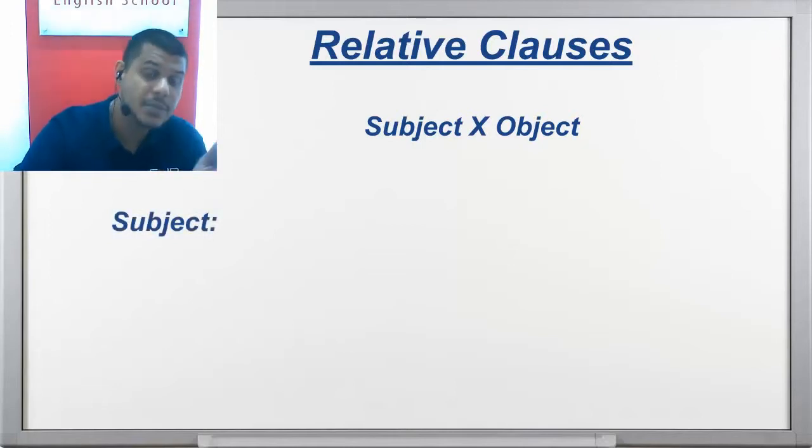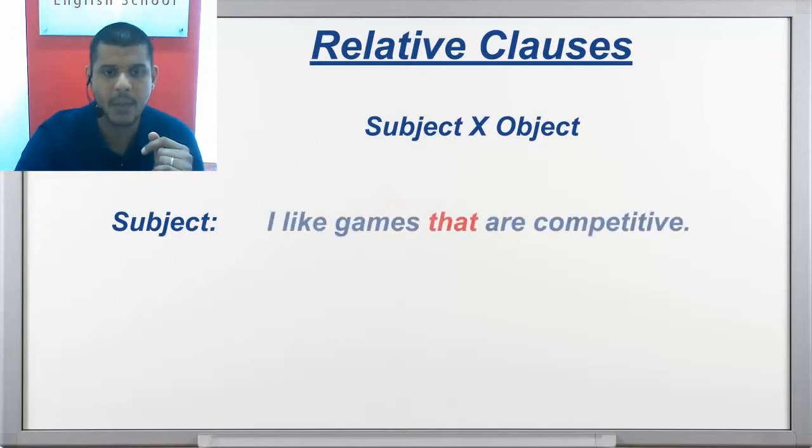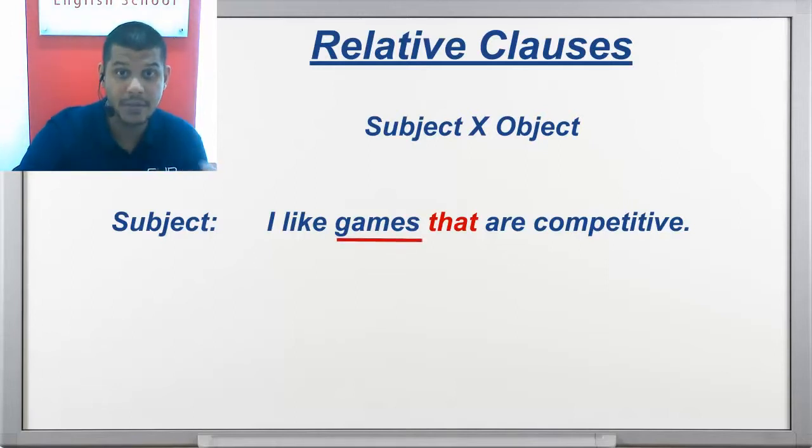We have the subject relative clause that works like this. Attention to my example. I like games that are competitive, okay? And then we have there, I have games, right? Object, thing, whatever.